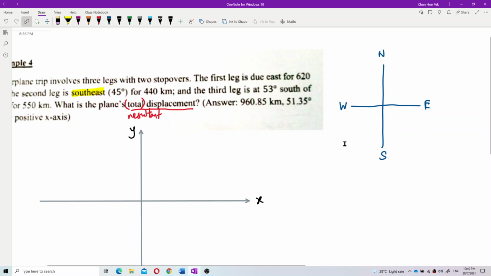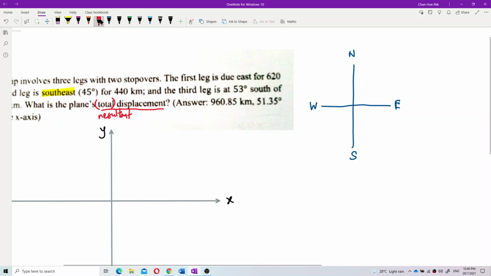If southwest, it is also 45 degrees. So I just want to show you here. Southeast means this one. We call it southeast. So it must be 45 degrees, no matter here or over here, similar.